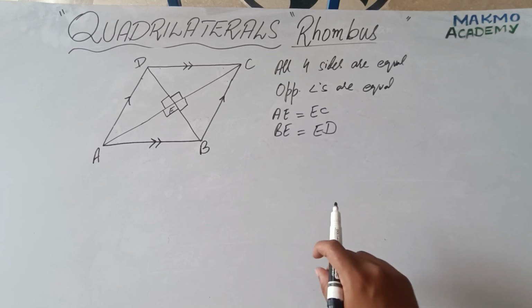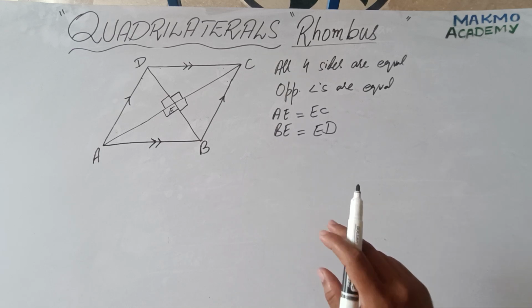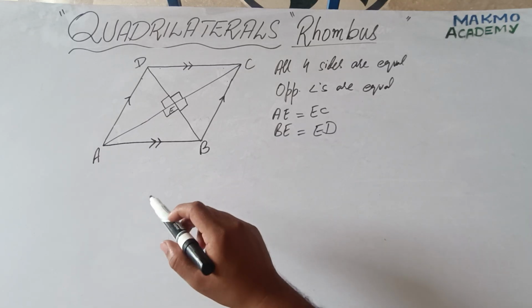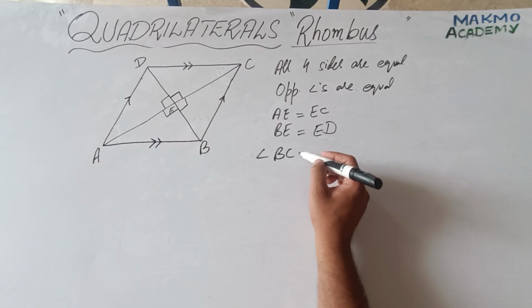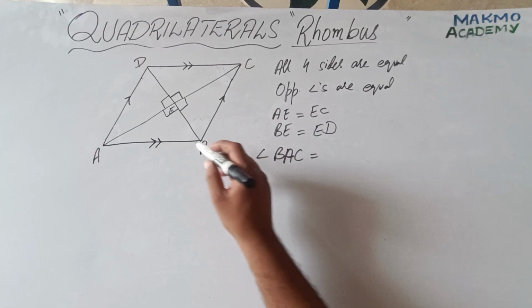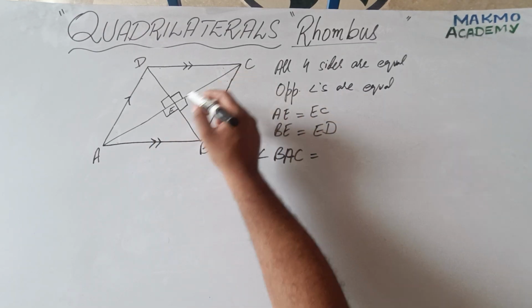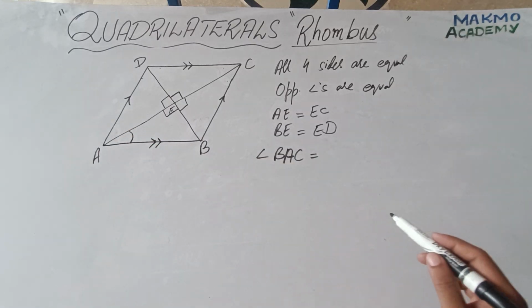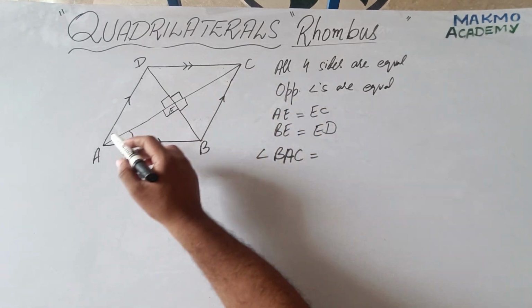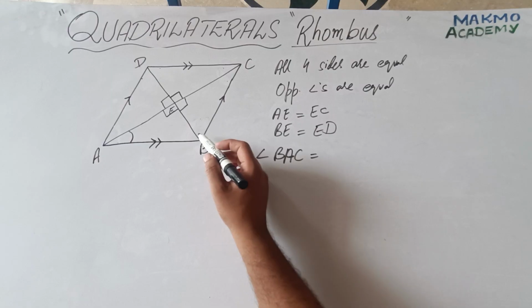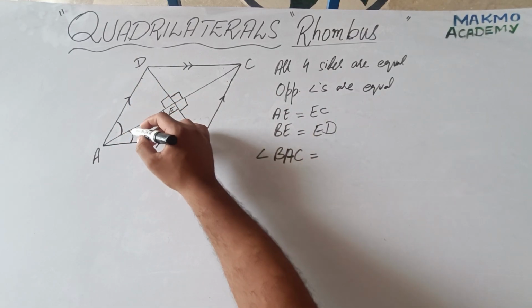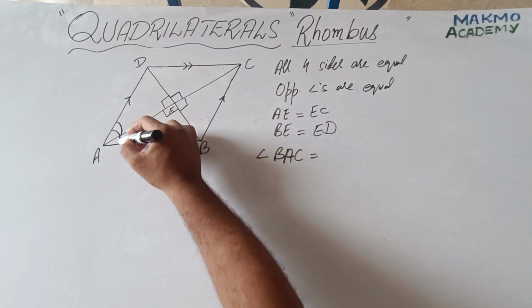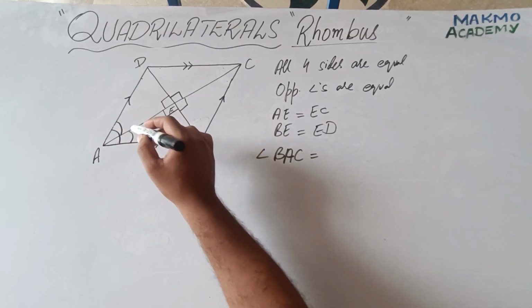And diagonals bisect the interior angles as well, like angle BAC is equal to angle CAD. I am talking about this angle. Whatever the size of this complete angle, it would be divided into two halves.